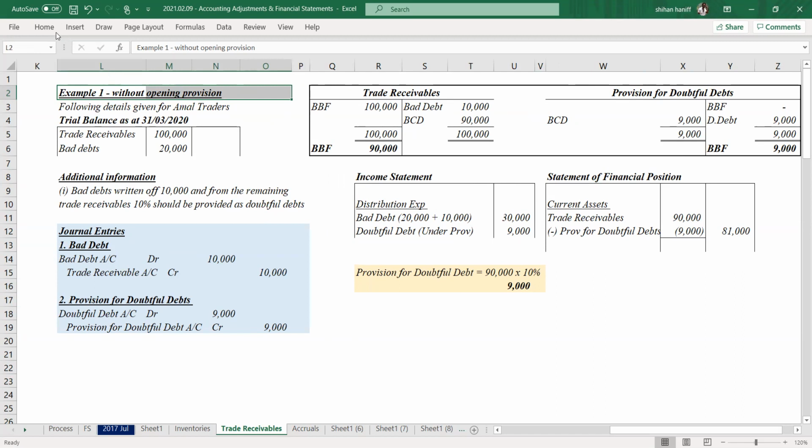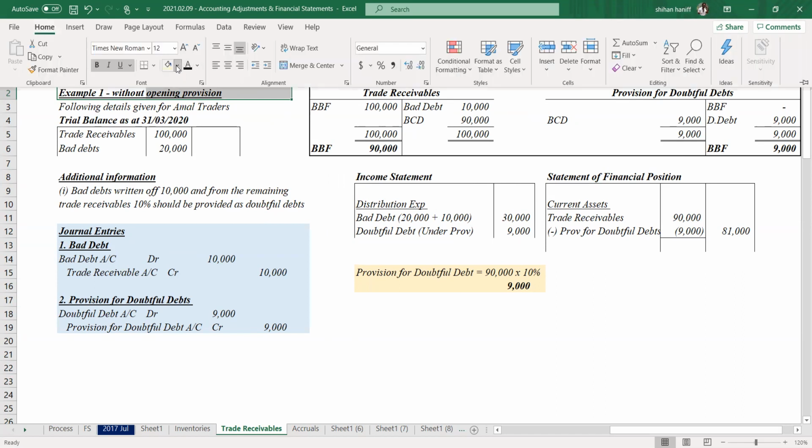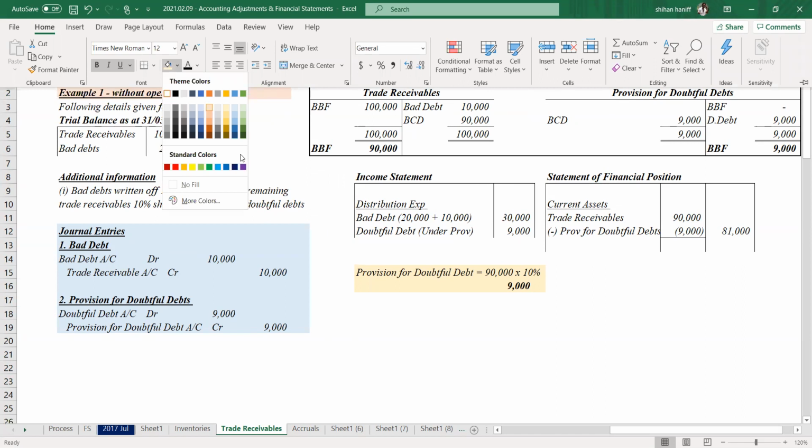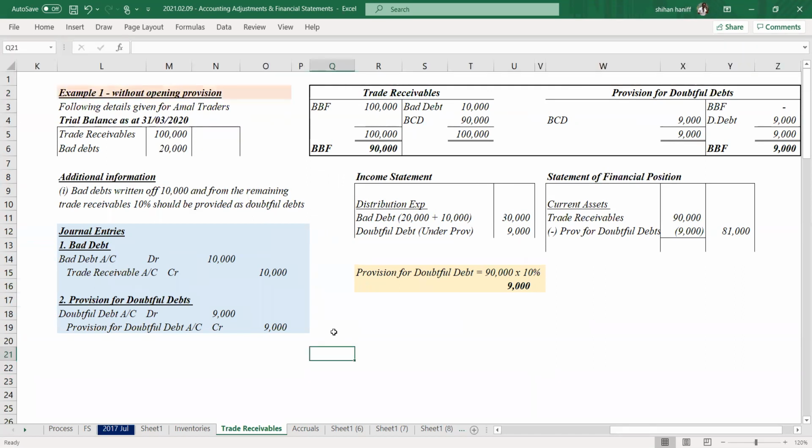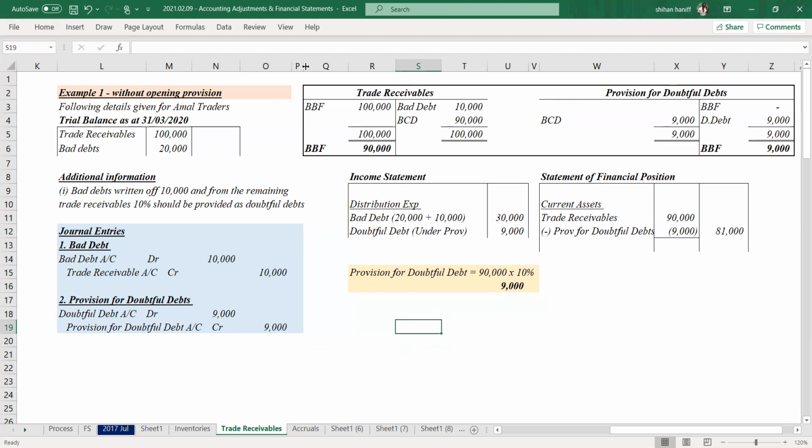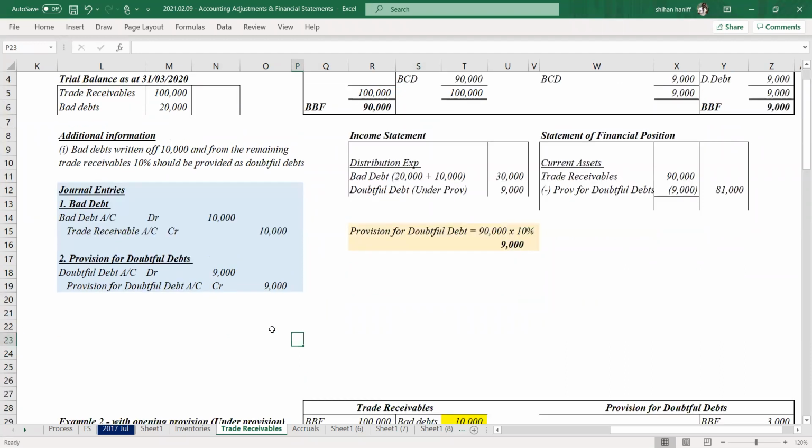There is no opening provision. Okay, then example two.